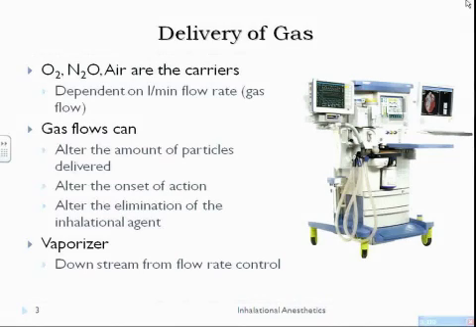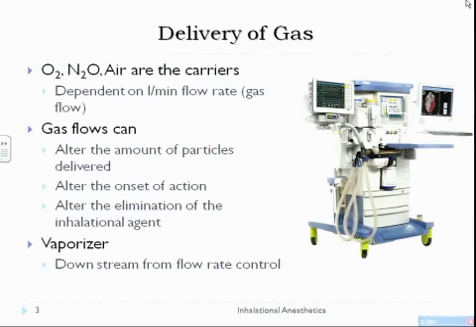Now, the oxygen, nitrous, and air that act as carriers then travel towards the vaporizer. It's going through a tube now. Whatever concentration I put of these 3 gases together, that's what I'm actually getting to the tube right before the vaporizer.